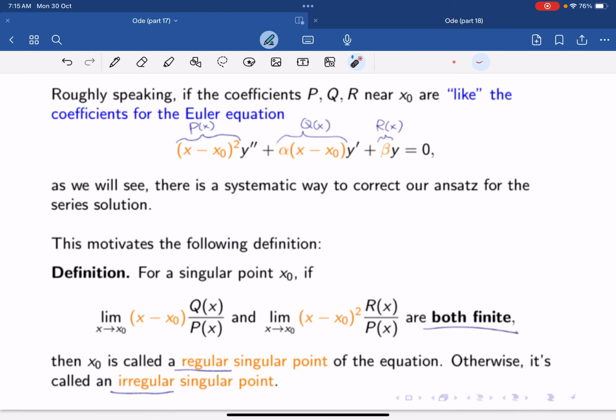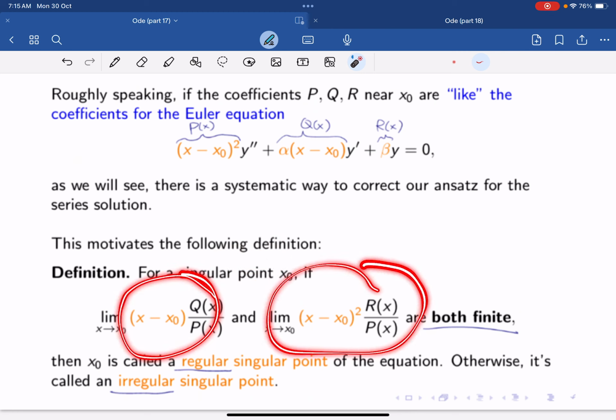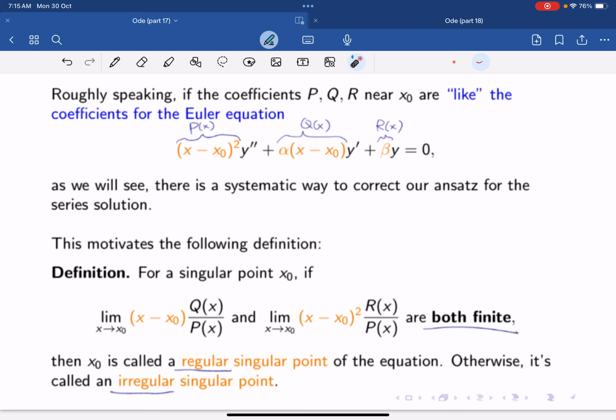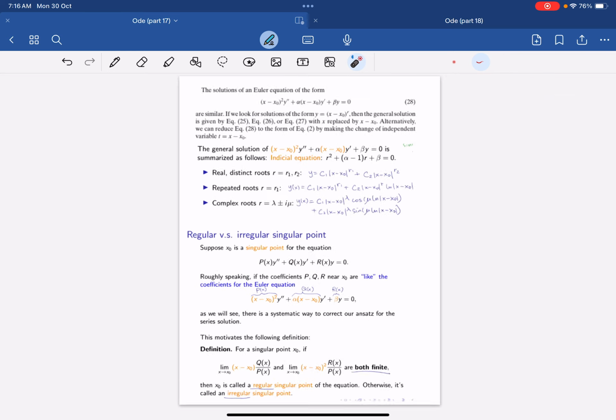What we want is, for a singular point, if the limits of this and this are both finite, then x naught is a regular singular point. Otherwise, it is an irregular singular point. In this aspect, it will motivate our idea of finding a series solution.